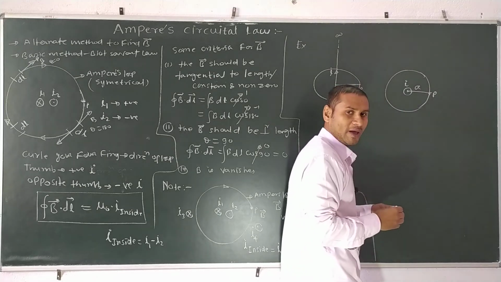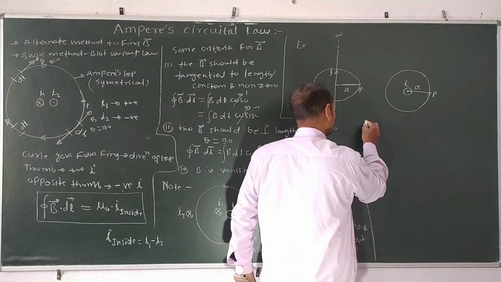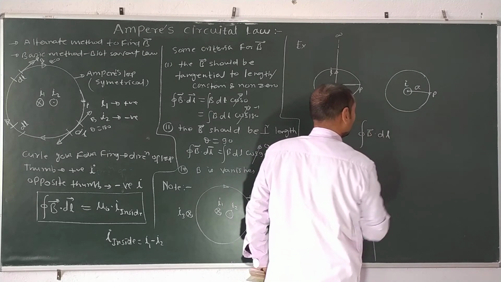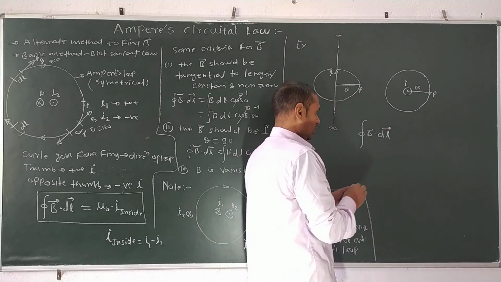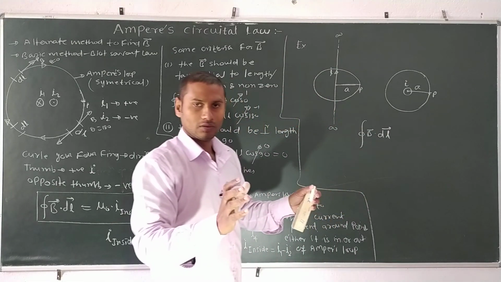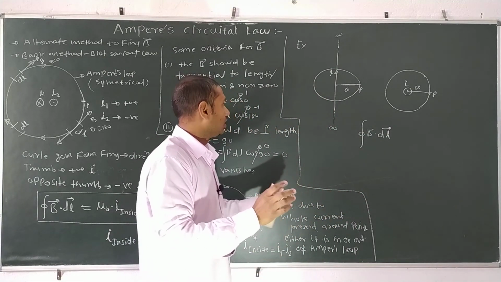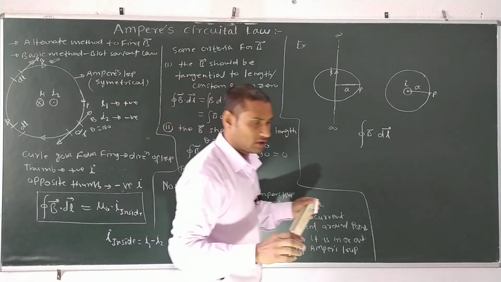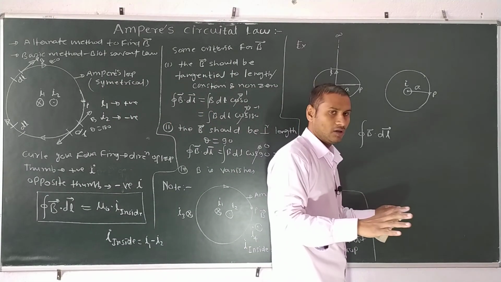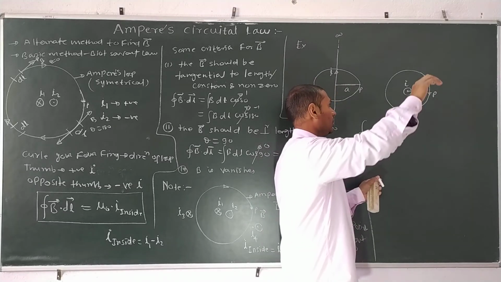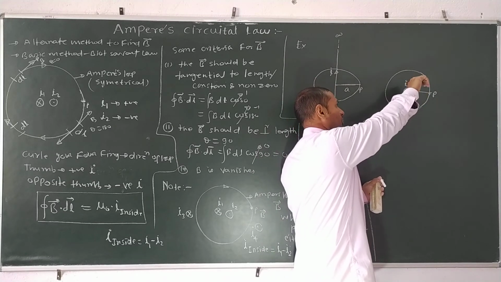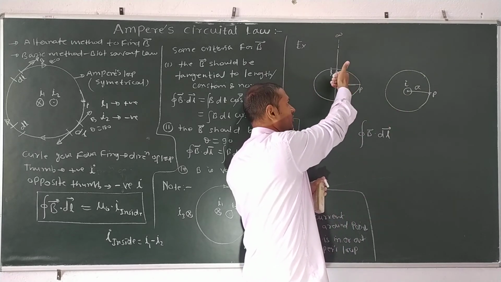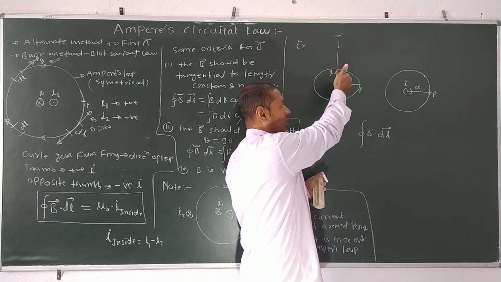Then we choose the direction of magnetic field, because in this formula, integration B dot dl, the B should be constant and tangential. So we use the right hand thumb rule to find the direction of B. We place our thumb in the direction of current and our four curling fingers will give the direction of magnetic field.